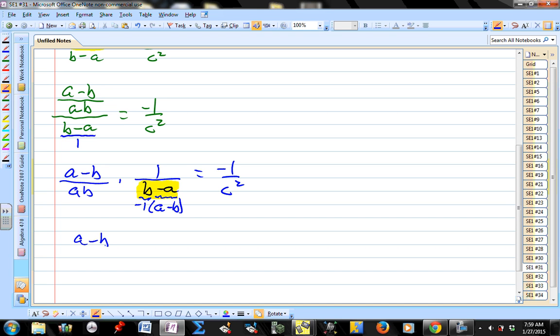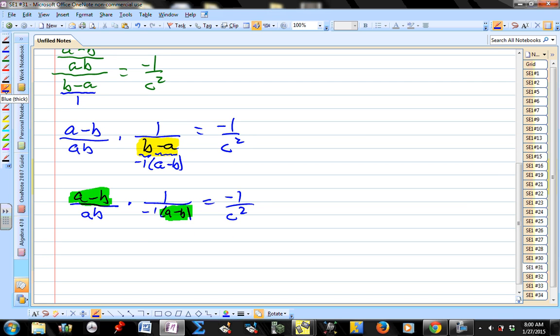So now, think of it like this. We'll have a minus b all over a times b times 1 over negative 1 times the quantity a minus b equals negative 1 over c squared. We're getting closer. Now, this factor of a minus b in the numerator and the factor of a minus b in the denominator, they eliminate each other.